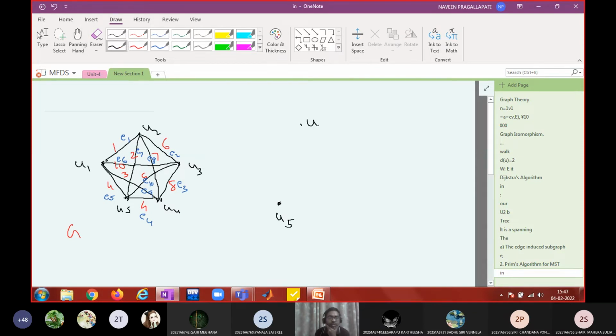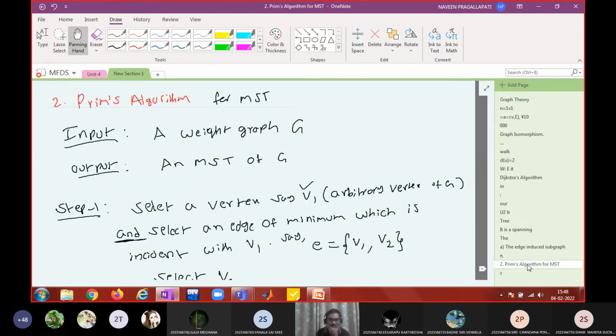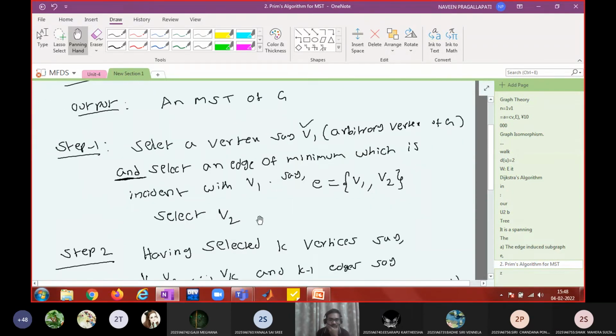So this is U2. This edge has weight 2 and the edge name is E7. Now this is my second vertex. From here you see which edges are incident with this one. That is what our algorithm says, right?